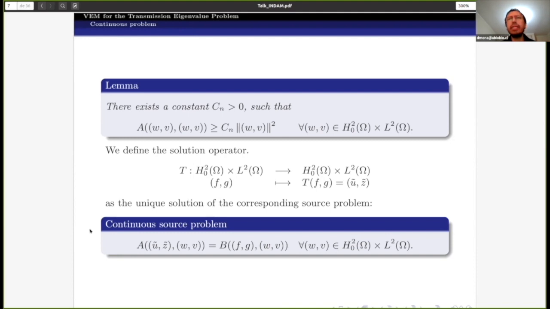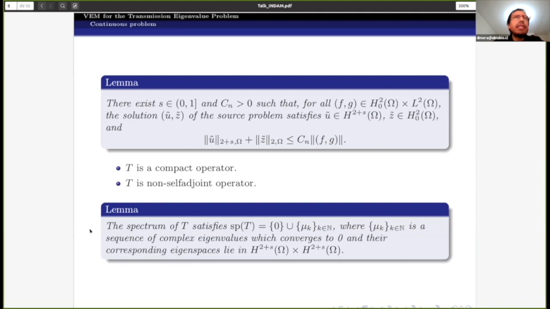It can easily be seen that an eigenfunction of the transmission eigenvalue problem gives a relation with the eigenpairs of the operator T. So to obtain complete information about the solution of the transmission eigenvalue problem, we have to describe the spectrum of this solution operator.